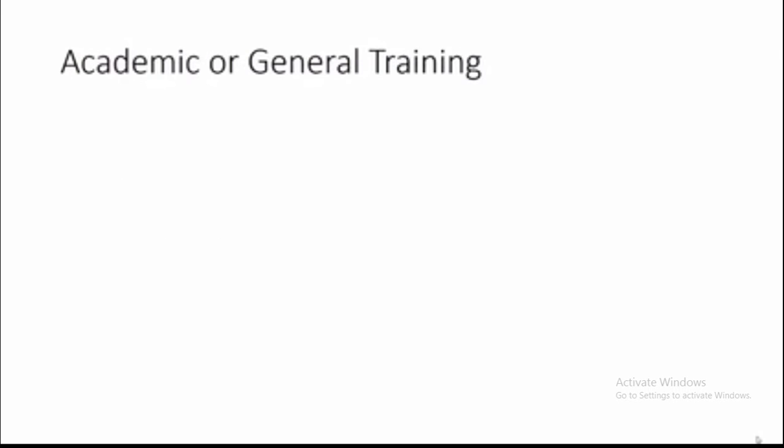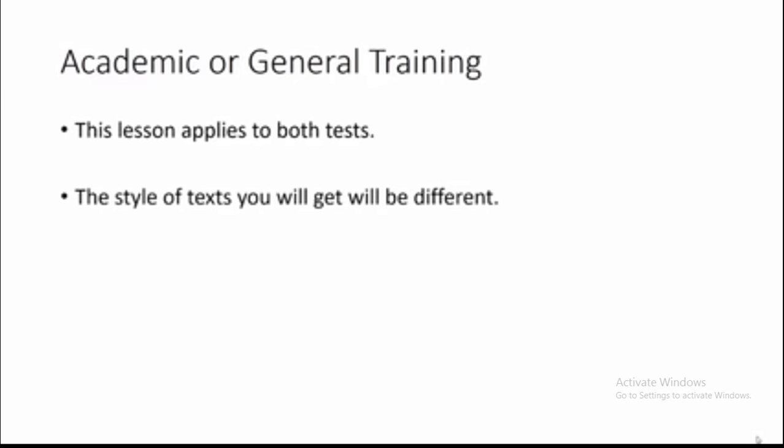All right. So, a common question I get asked when we're doing reading is, does this apply to both academic and general training? Yes, this lesson applies to both. The style of text, so the reading text you will get, will be different. General training people will get general texts and academic people will get academic texts.